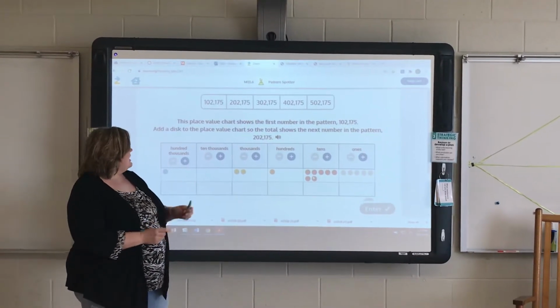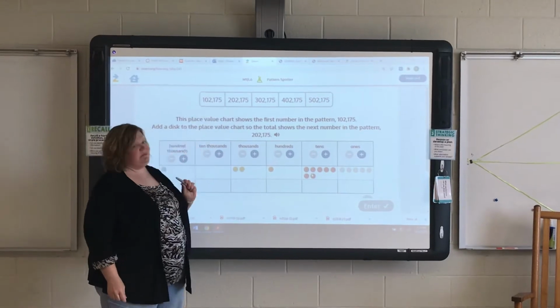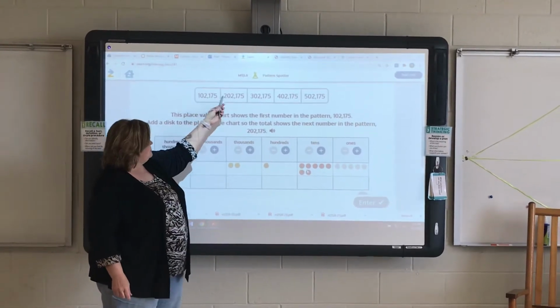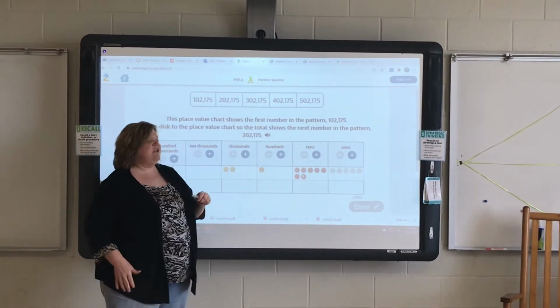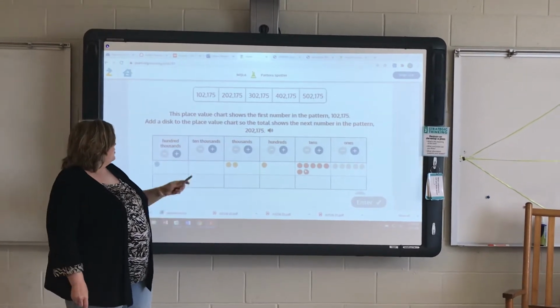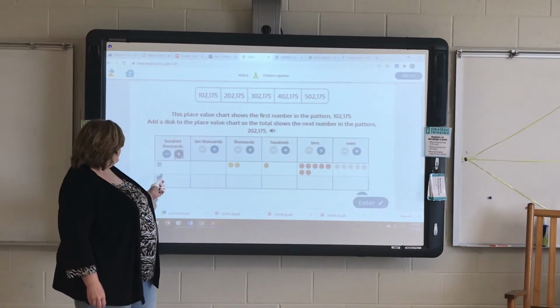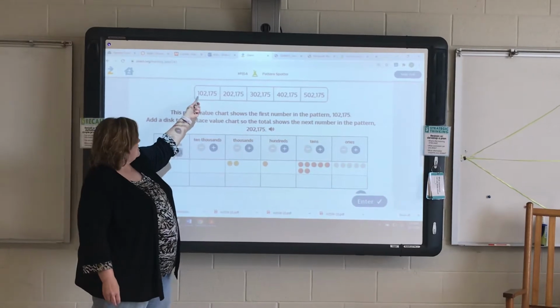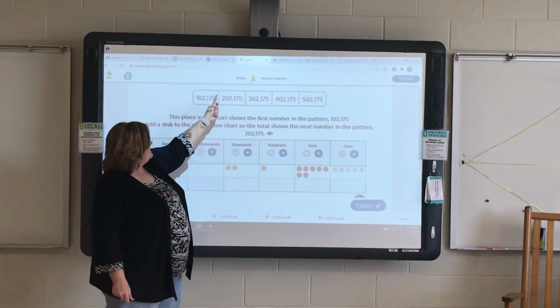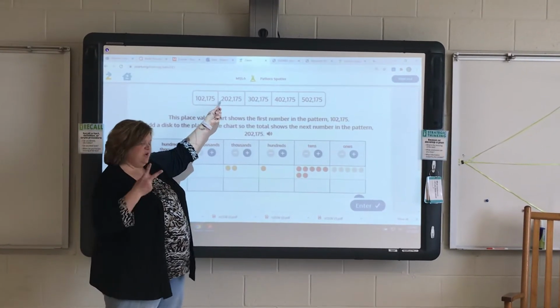If you said 100,000, then you would be correct. 1, 2, 3, 4, 5. So in this problem, we're going to add 100,000 to show that 100,000 in our pattern went to 200,000.